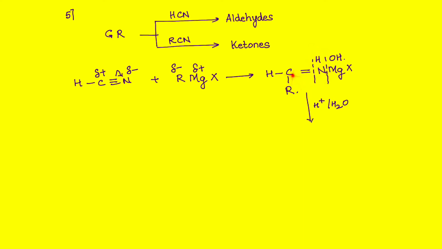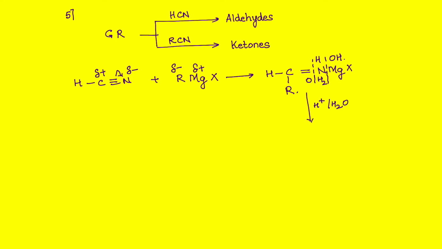If this remains as CNH, double bond NH, then because of the lone pair of electrons, it will still attract more protons. So what I do is, I write it as H2O. Let's keep things simple rather than making them complicated.